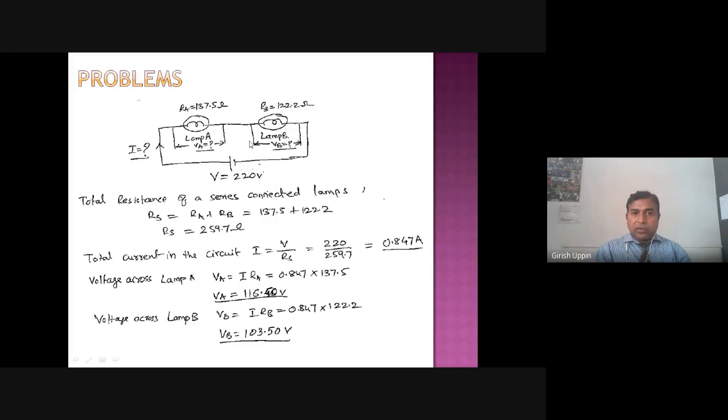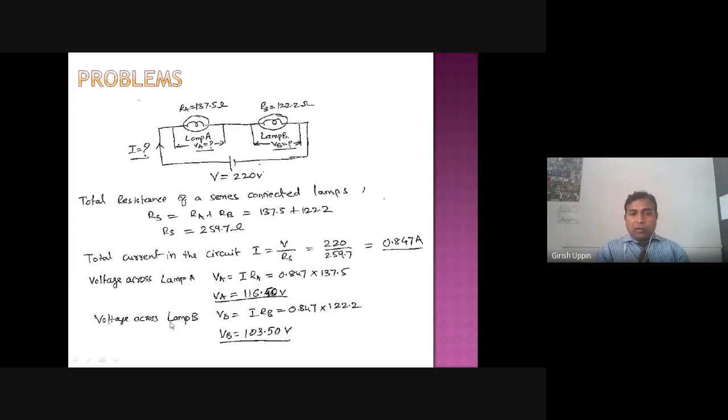Since it is a series connection, Rs is equal to Ra plus Rb. Therefore, Rs is equal to 259.7. That is the effective resistance of the circuit. Once we have the Rs value, how do we calculate the current? I is equal to V by Rs, 220 by 259.7, which is 0.847. The voltage across the lamp, Va is equal to I into Ra, which gives 116.